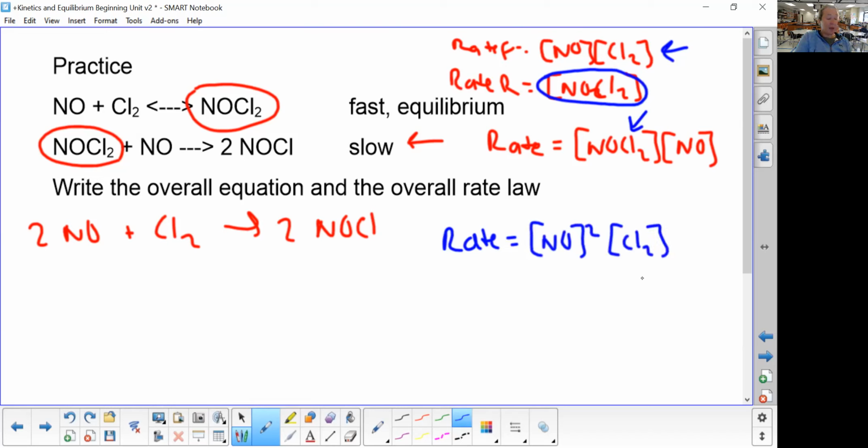It does happen to match the coefficients of the overall, but again, that's happenstance. Just getting rid of that NOCl2 for what the equilibrium reaction was. We got two of them, so that's what it ends up being for this.